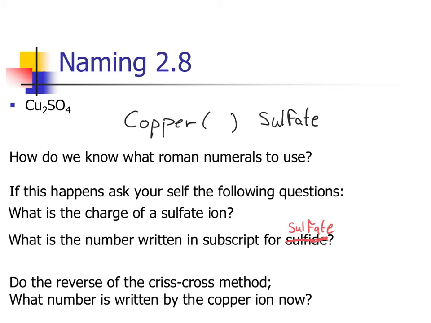So how do we know what Roman numerals to use? Well, we need to ask ourselves sometimes the following questions, of which we hopefully should be able to, if we don't know off the top of our head, be able to reason and or solve the problem. What is the charge of the sulfate ion?